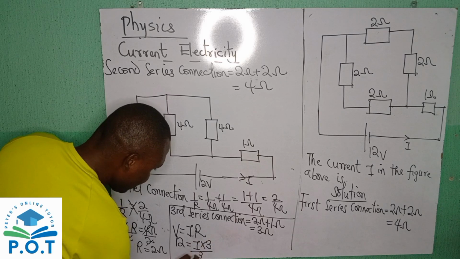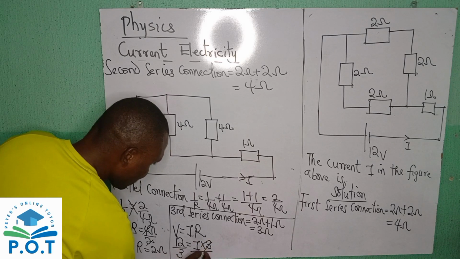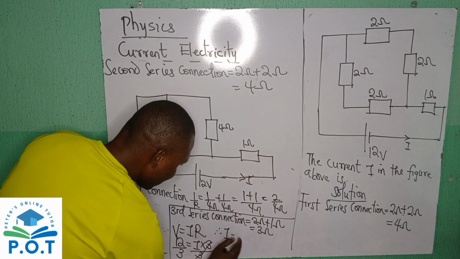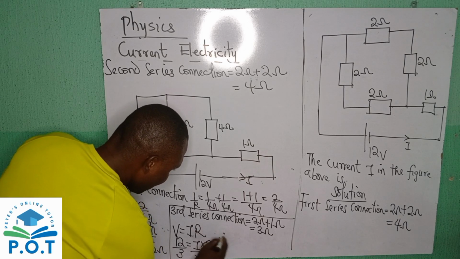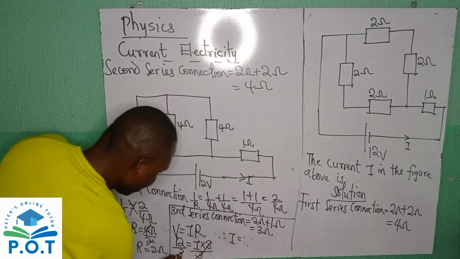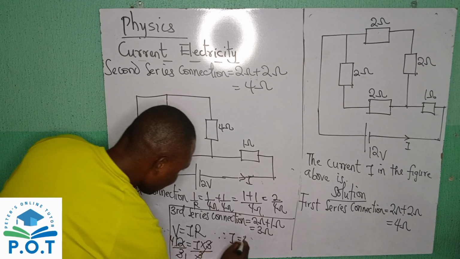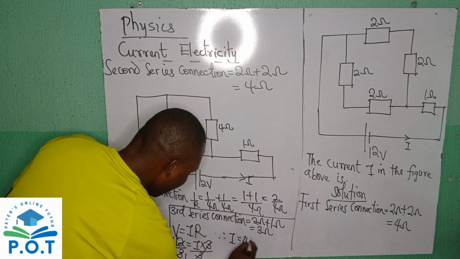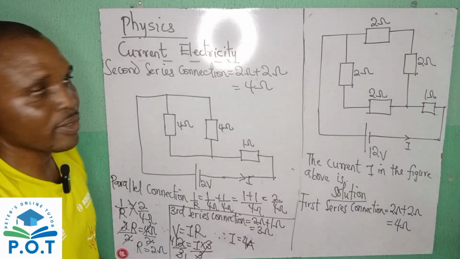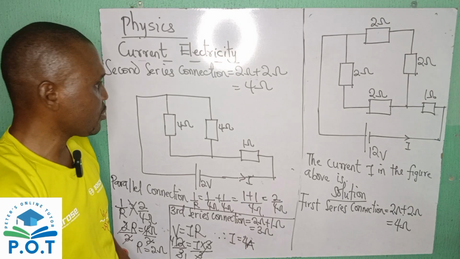So divide both sides by 3, 3 cancels 3. Our answer at the end of the day, our current equals 12 divided by 3, that is 4 ampere. So our current here is 4 ampere. All right, it's simple, straightforward.